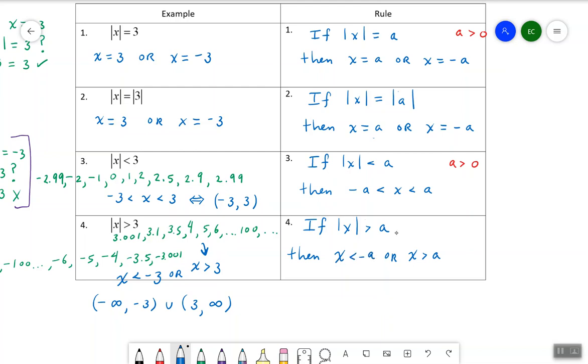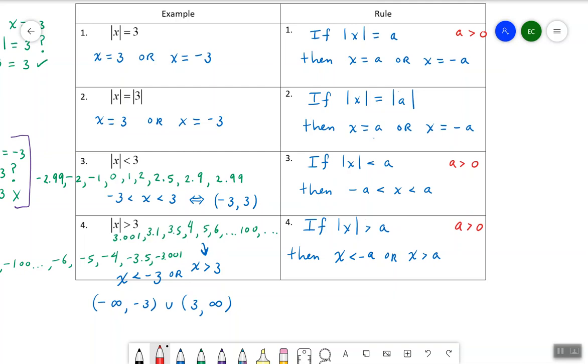And of course, this rule follows from the example. In the example, we had the number 3, and in the rule, we have the constant a working just the same way. We should note that for this rule, a is a constant. A does not have a variable in it, and a is greater than 0. If a were less than 0, that would be a special case.